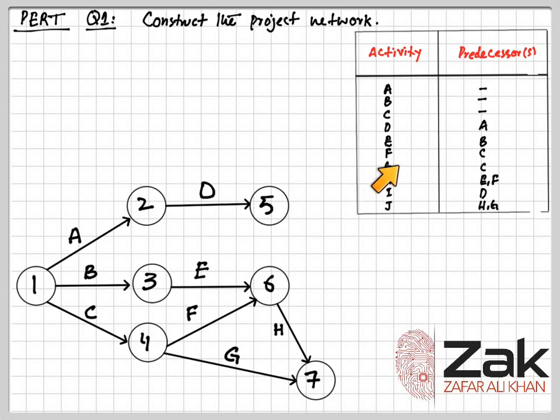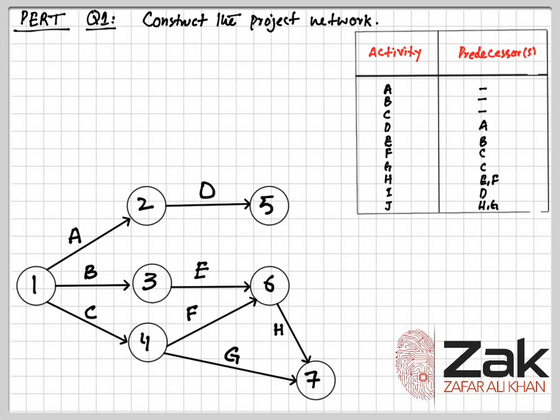So let me tell you once again, if there is an activity which is ending along another activity in the predecessor table, then you would have to make it finish or end at the same node where the other activity ended, because they both are the predecessor for J.